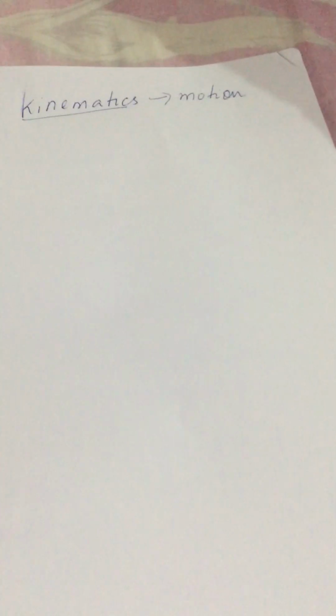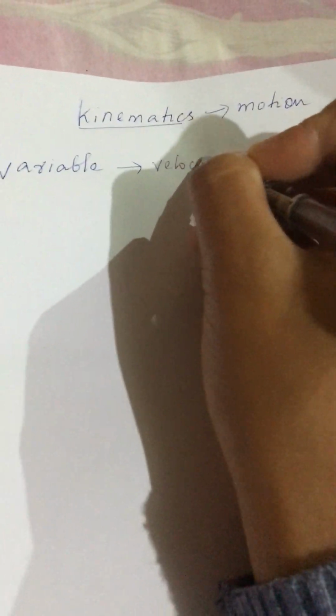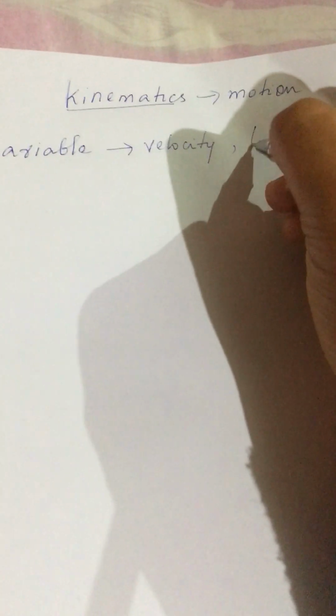When we talk of a motion, what are the variables which can be involved? Like when a body is in motion, what are the variables? Variable means the one which changes. The velocity changes, right? When the body is in motion, the time changes, right?